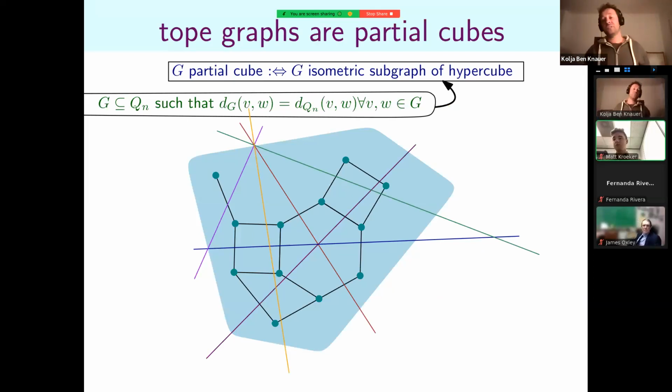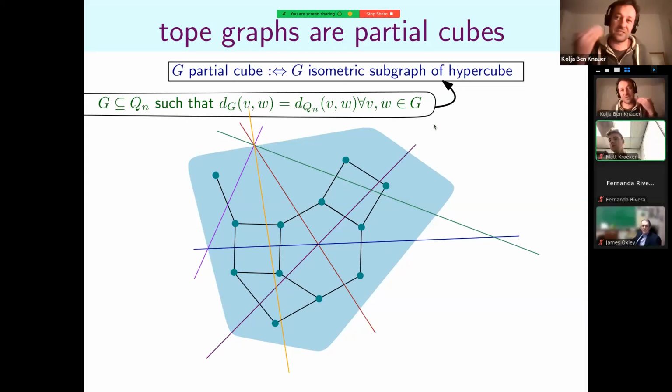So let me tell you what this is. Remember, the tope graph is just the incidence graph of the maximal cells, or the subgraph induced by the topes in the hypercube. But actually, it's a partial cube. This means it's an isometric subgraph of a hypercube. So it's a subgraph of the hypercube such that for any two vertices of this subgraph, their distance in the subgraph is the same as in the entire graph.